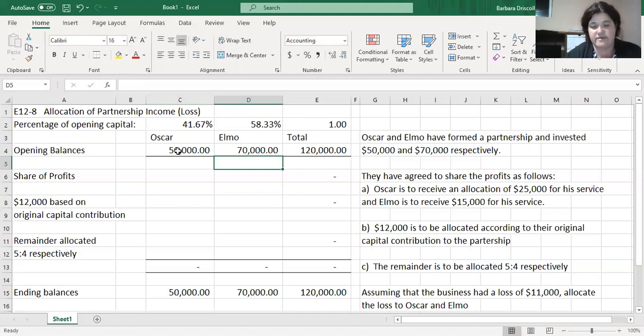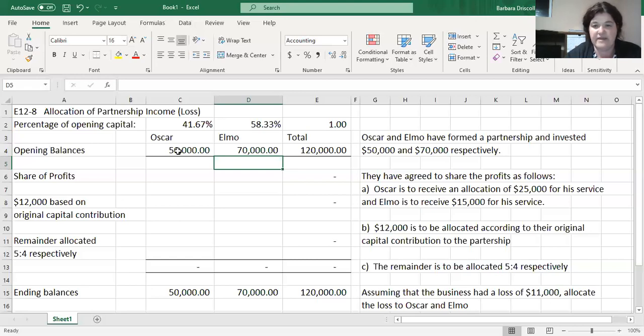As noted earlier, the allocation of profits could be equal. It could be an agreed upon percentage split. It may incorporate an allocation based on initial investment. It may include an allocation equivalent to service because one partner works in the business more than others. There are no set rules. There can be multiple allocations.